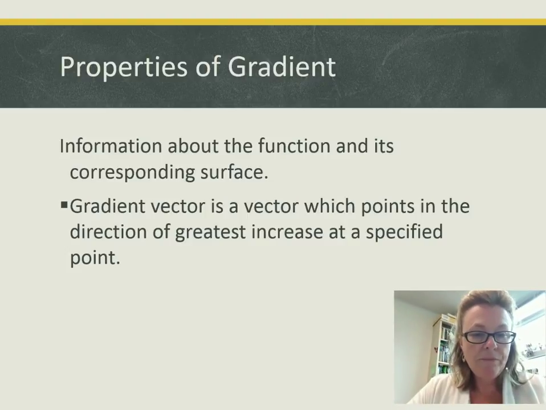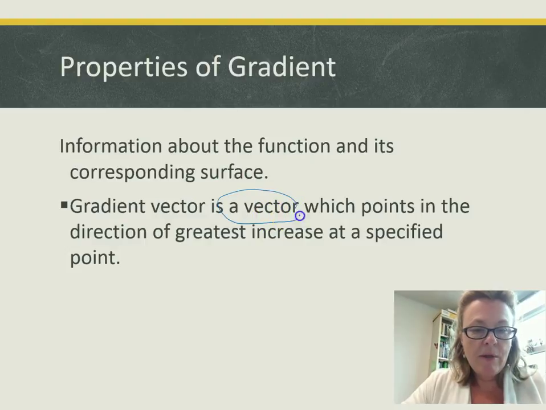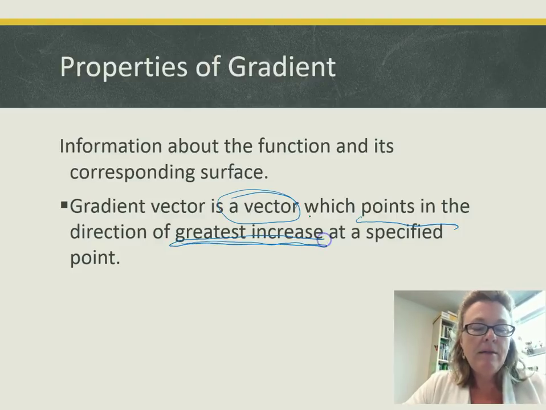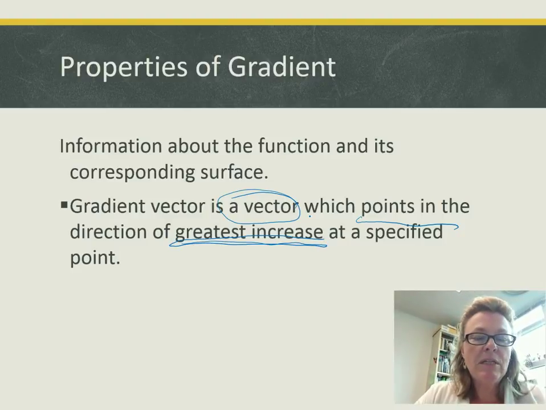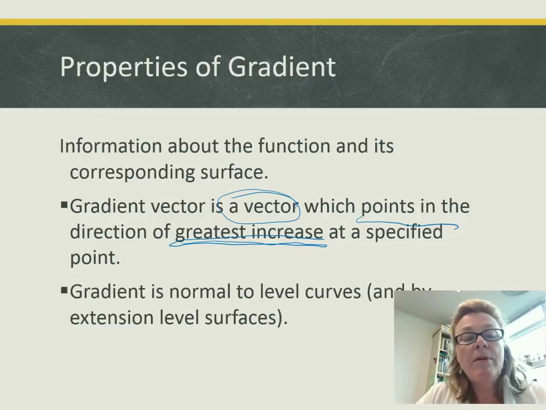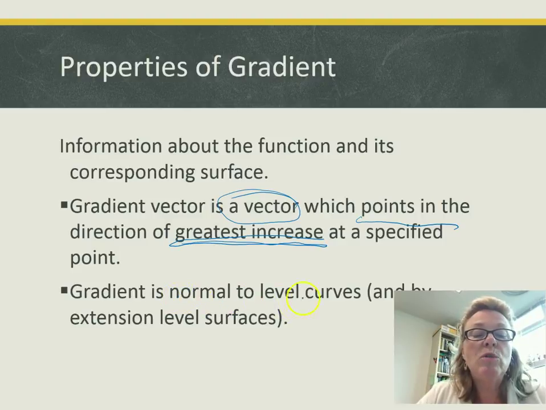First of all, the gradient vector, reminder it is a vector, points in the direction of greatest increase. It points in the direction that the function is increasing most quickly. The second important property it has is that it's normal to level curves, and by extension to level surfaces.